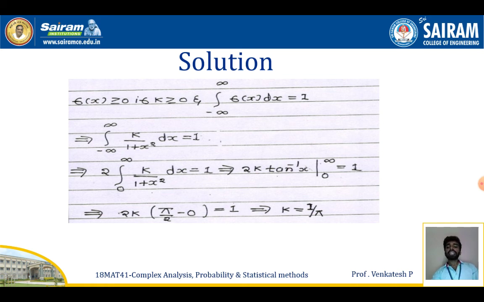On integrating 1 by 1 plus x square, we get tan inverse x. So we get 2k times tan inverse x with limits 0 to infinity equal to 1. Since tan inverse infinity is pi by 2 and tan inverse 0 is 0, we get 2k times pi by 2 equal to 1. The 2 gets cancelled, so the value of k will be 1 by pi.